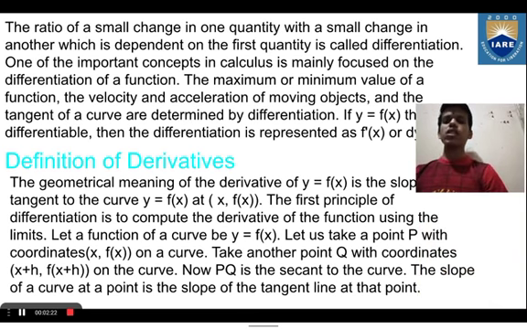Let a function of a curve be y equals f of x. Let us take a point P with coordinates (x, f of x) on the curve. Take another point Q with coordinates (x plus h, f of x plus h) on the curve. Now PQ is the secant to the curve. The slope of a curve at a point is the slope of the tangent line at that point.